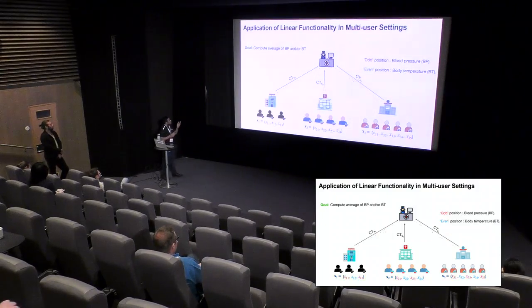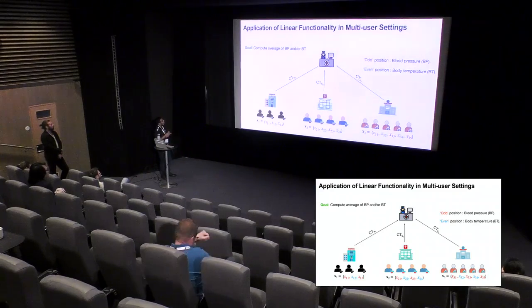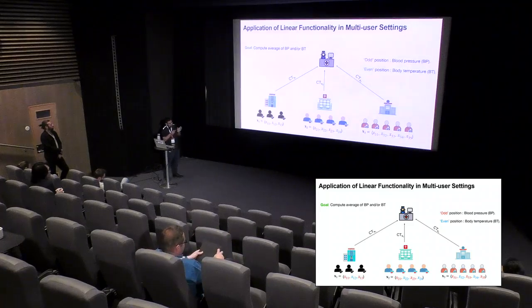Now let's consider a slightly more complex but natural scenario, where the goal is not only to compute the average blood pressure, but also the average body temperature. Some users might be assigned to compute average blood pressure and some users to compute average body temperature.